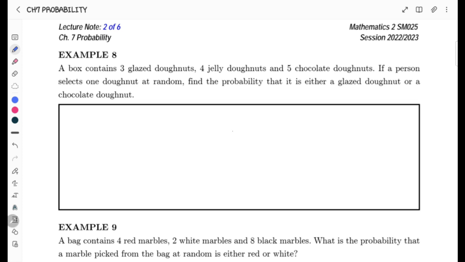So I'm gonna label glazed donut as G and chocolate donut as C. Using the formula, probability of glaze or chocolate is equal to probability of glaze plus probability of chocolate minus the probability of glaze intersect chocolate.